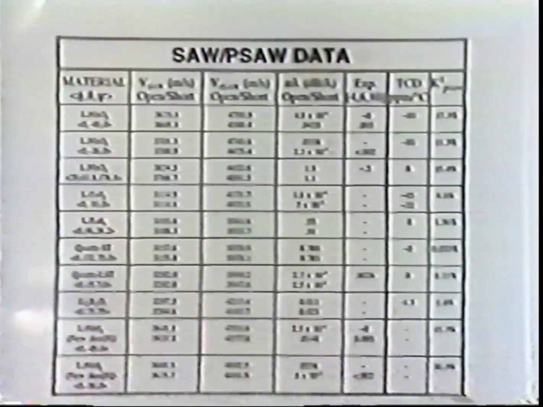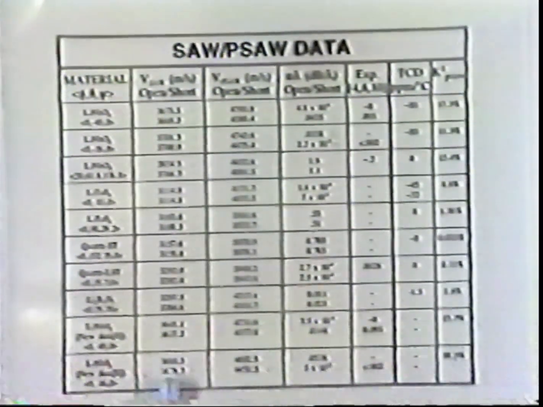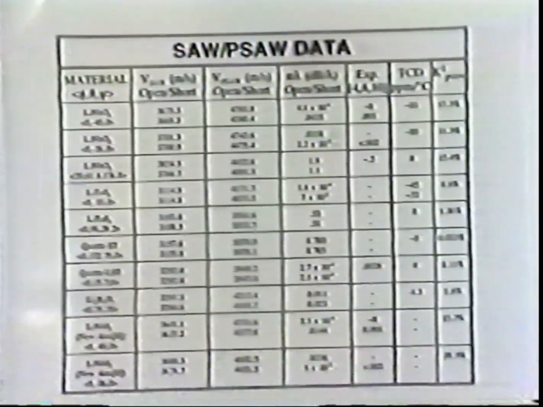So there's about a 40% higher velocity for the pseudo-SAW typically. If we choose, for example, this last row, we have about 3,700 meters per second for the true surface wave, and we have about 4,700 for the pseudo-SAW.